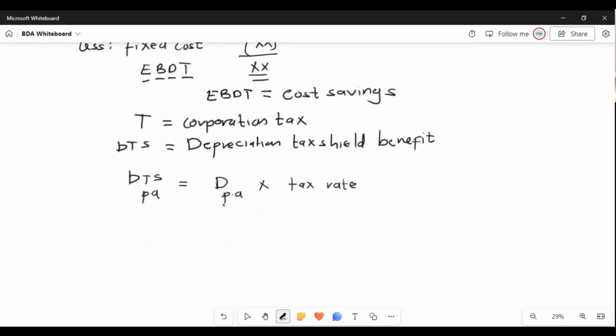So if you are not given the depreciation per annum, then it will depend with the method of charging depreciation. Depreciation can either be on straight line or it can be on reducing balance.